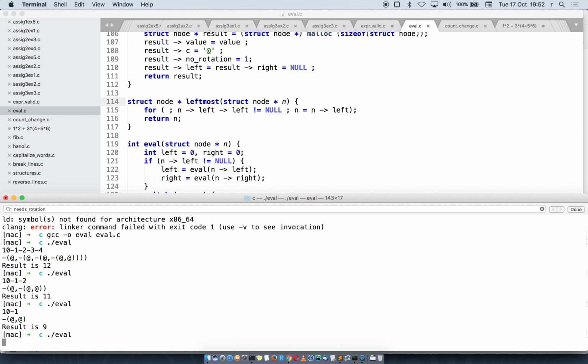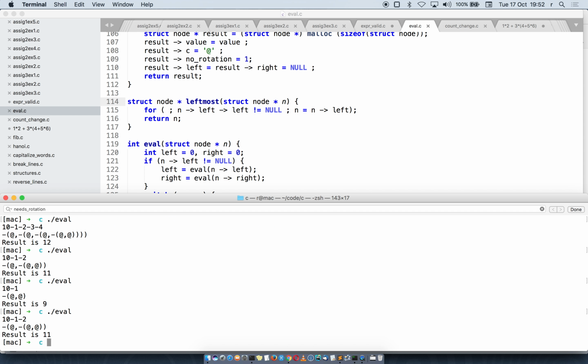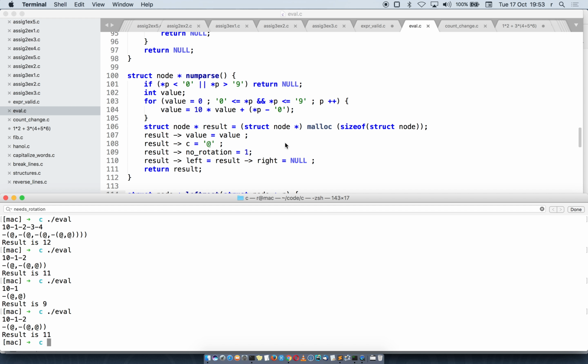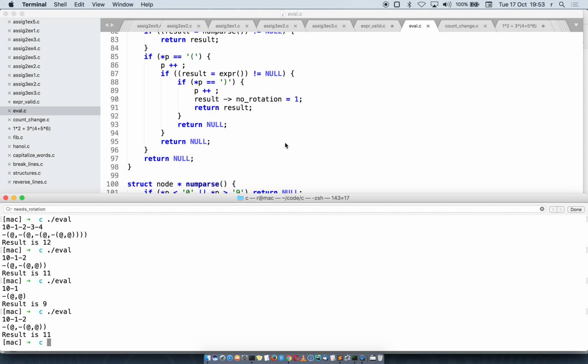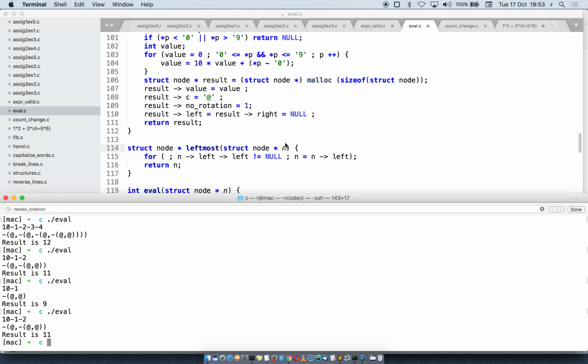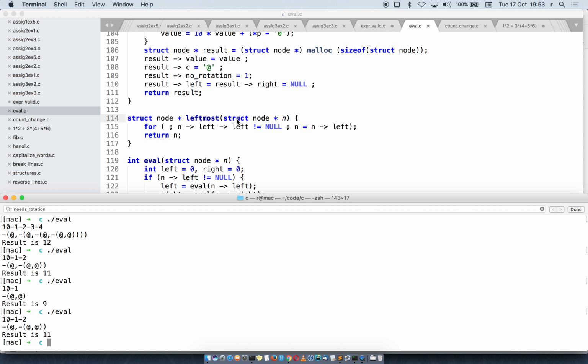Right, wonderful. 10 minus 1 minus 2 is 11. So if in this case, I should stay on the same node.